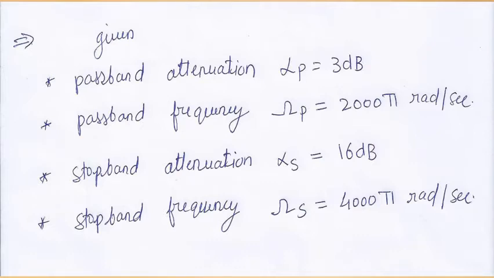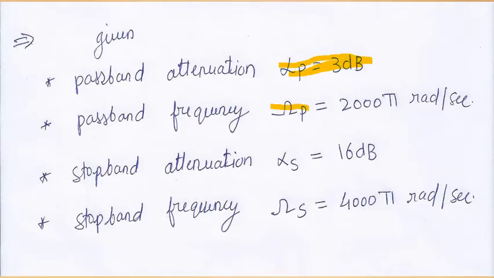As mentioned in the question, we have the passband attenuation alpha p as 3 dB. Also mentioned in the question is the passband frequency omega p, 2000 pi radian per second.